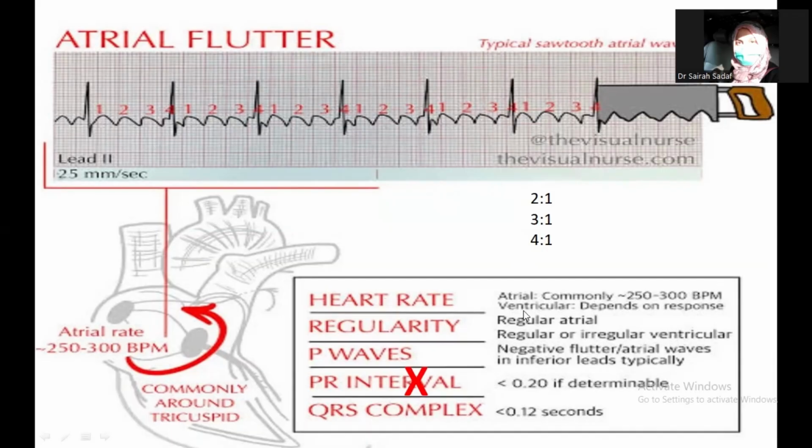The atria are contracting at 250 to 300 beats per minute, that fast. While the ventricles depend upon the response, it's regular. The atria are regularly contracting, but very fast. What about the P wave? P waves are negative. They may be fluttery atrial waves.